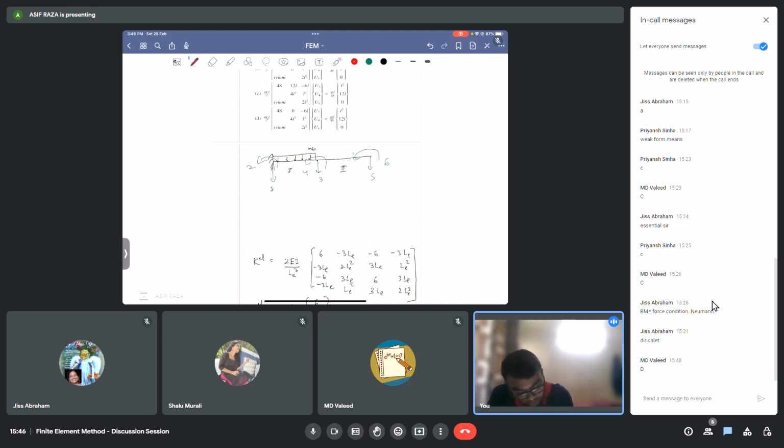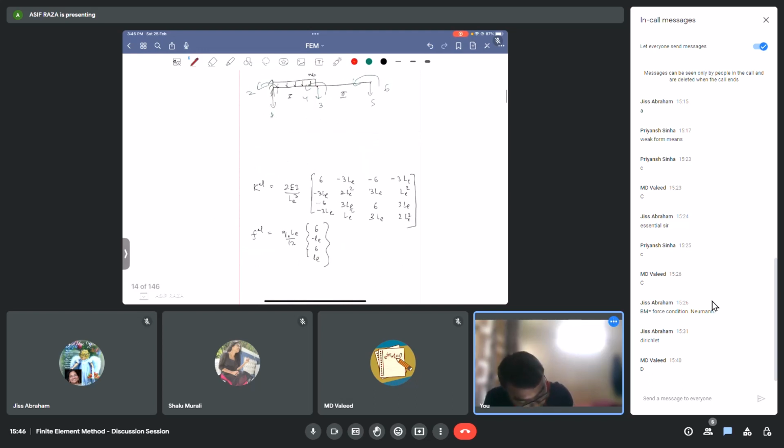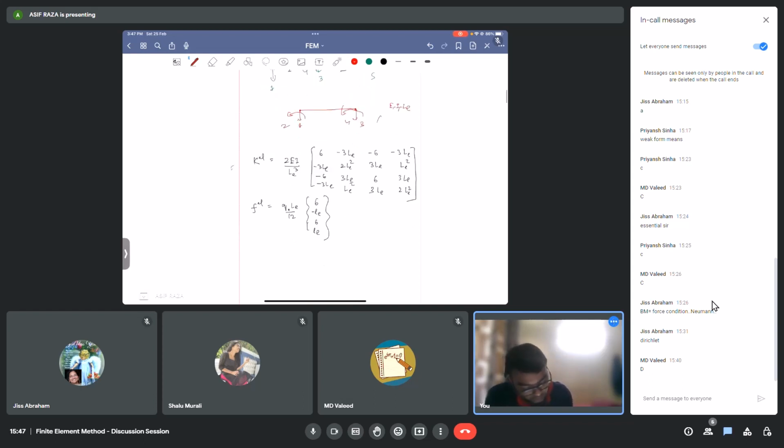So for a single element having degrees of freedom 1, 2, 3, 4, with Young's modulus E, moment of inertia I, and length LE, the element stiffness matrix is given as this, 2EI by LE cubed, and this pertains to these degrees of freedom.